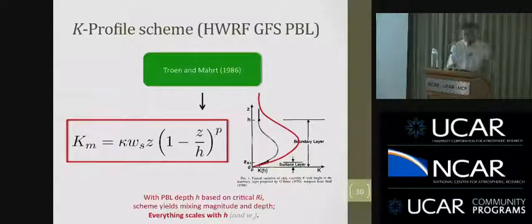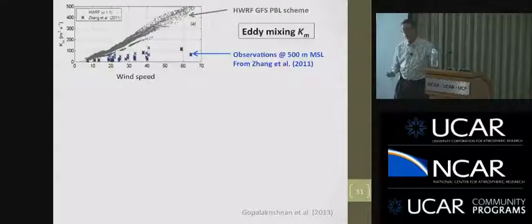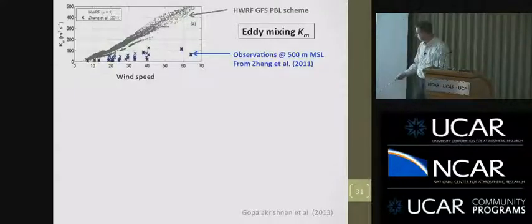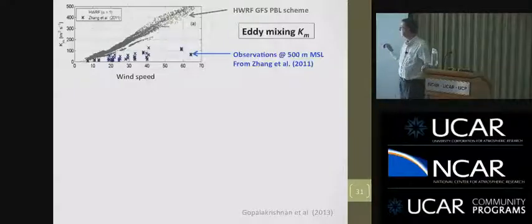Okay, now it's been known for a long time that the HWRF model produces way too much mixing, and that's demonstrated in this figure, which comes from Gopalakrishnan et al. 2013. The horizontal axis is wind speed, the vertical axis is eddy mixing, and the purple X's are derived from observations published in Zhang et al. 2011.